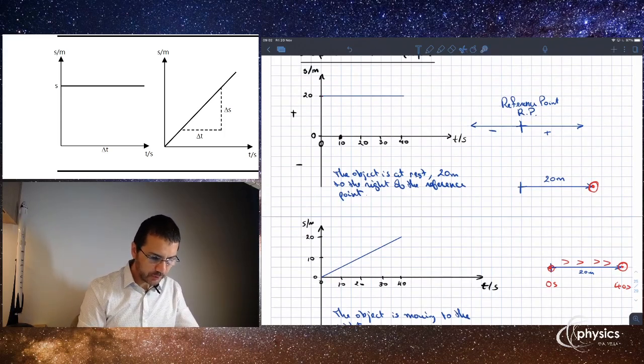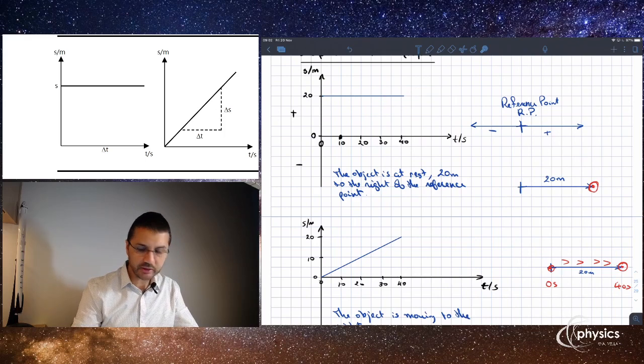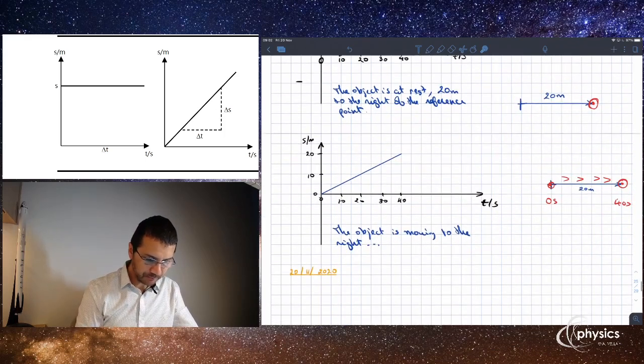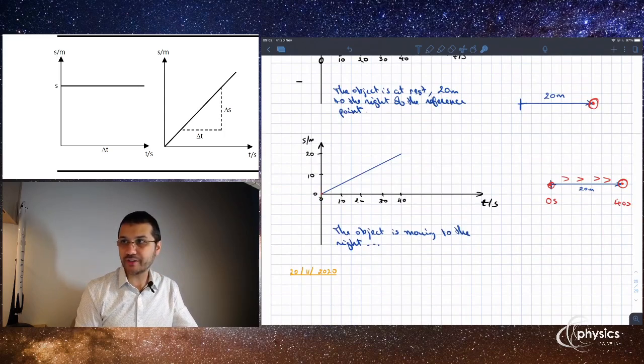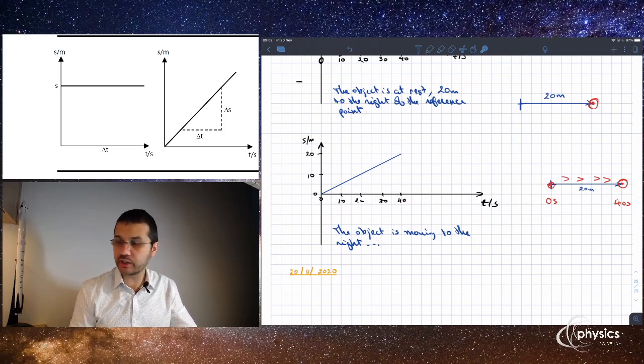This graph, where at 0 seconds it was at 20 meters to the right of the reference point, and it remained at 20 meters to the right of the reference point. And in the second graph, at 0 seconds it was at the reference point because the displacement was 0, but as time went by, the displacement started to increase until at 40 seconds the displacement was 20 to the right. Therefore, this means that the object is moving to the right.